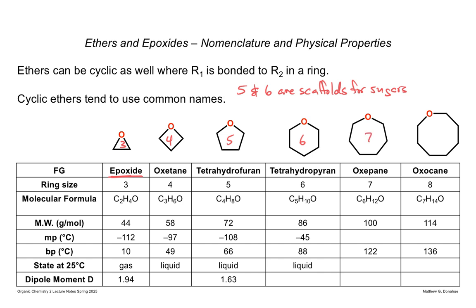7-membered rings and 8-membered rings, oxepanes and oxocanes, are probably less common synthetically, but they're found in a lot of marine natural products. So if you like scuba diving and whatnot, it's February, so probably a little late in telling you this, but the REU programs for the summer have probably closed by now.